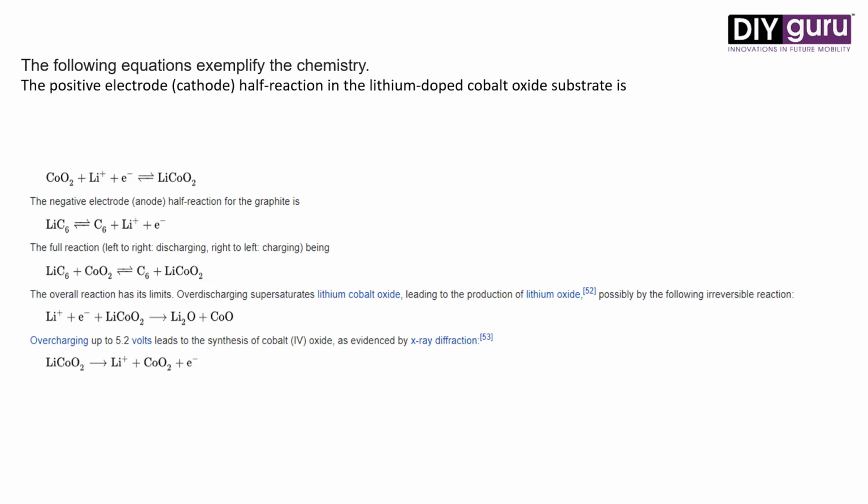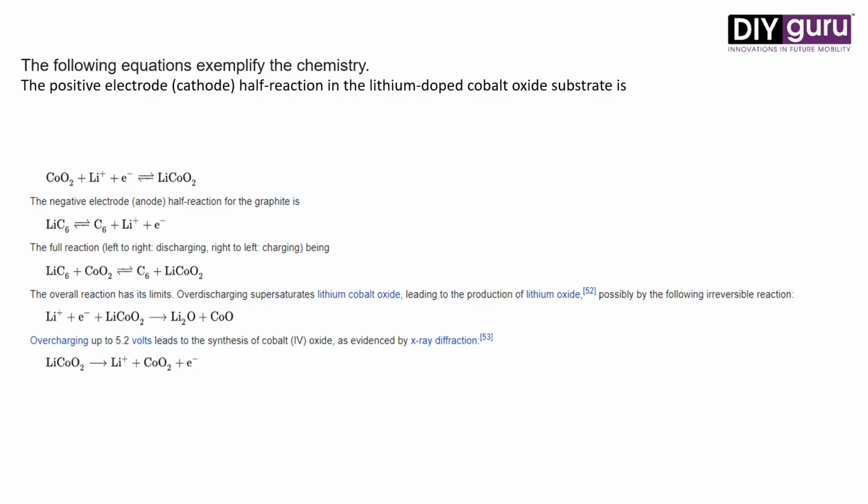So when the battery is fully charged, the cathode comes back to its original chemistry, that is LiCoO2, and the anode is left in the form of pure graphite.